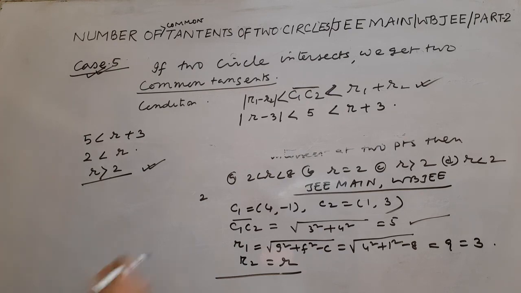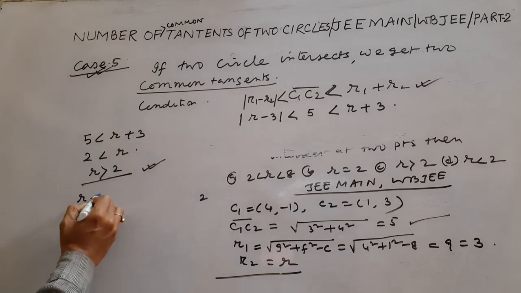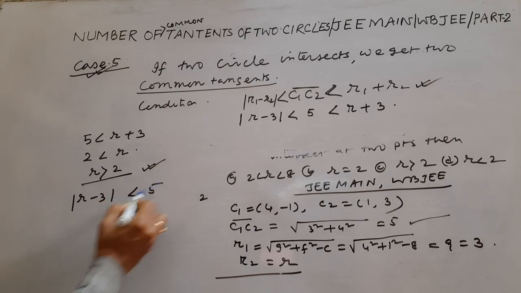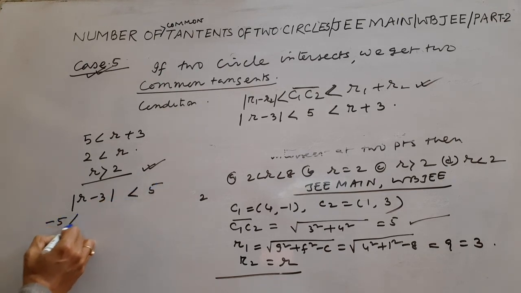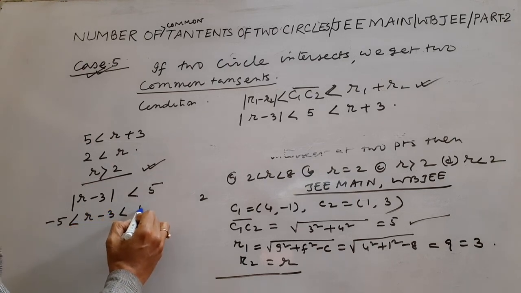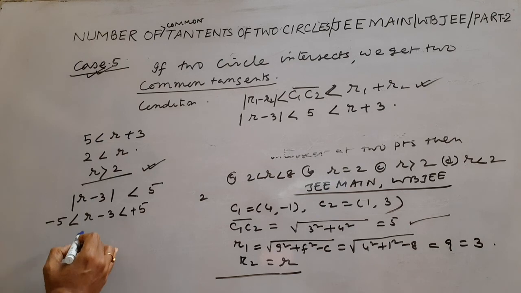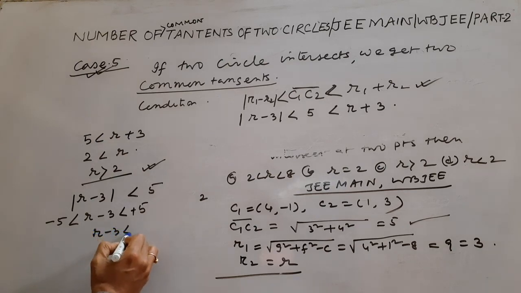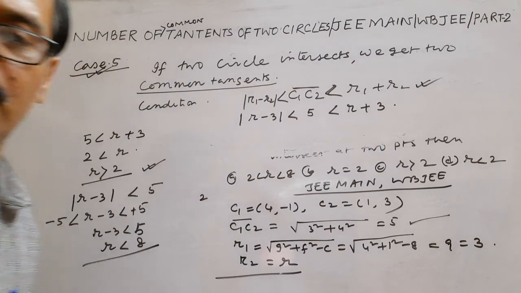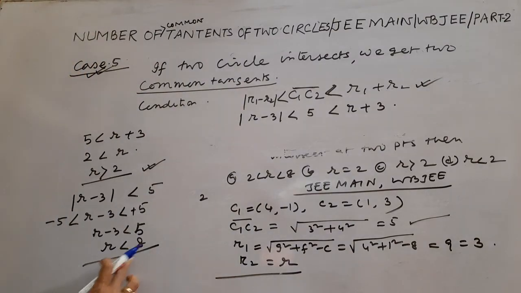Now |r minus 3| less than 5, so minus 5 less than r minus 3 less than plus 5. So r minus 3 less than 5, so we are getting r less than 8. This is r less than 8.